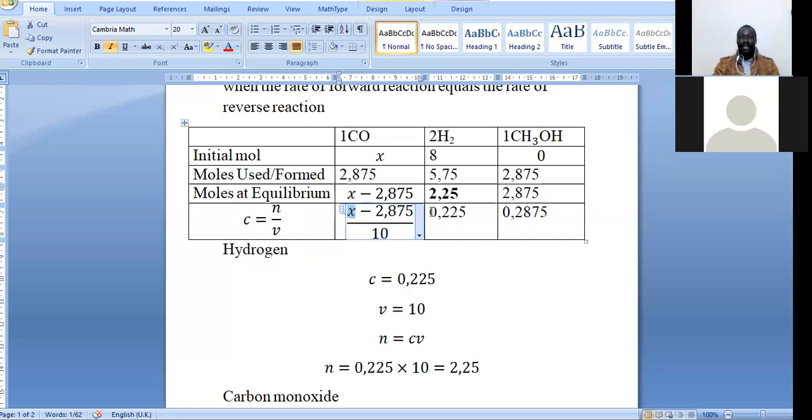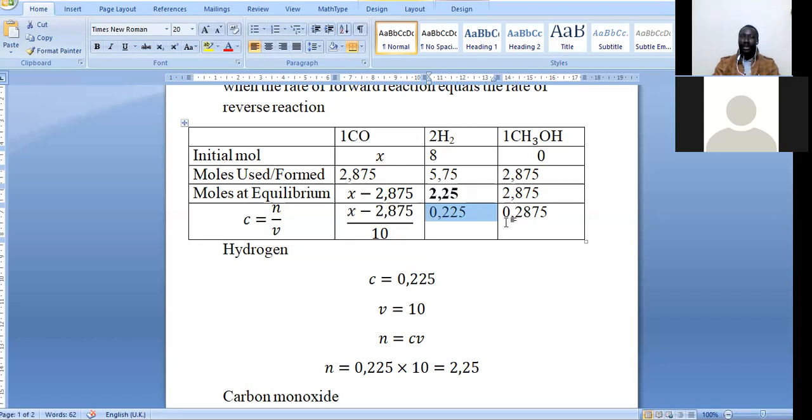The other thing here is this. The concentration of hydrogen is going to be the number of moles of hydrogen, which is 2.25, then we divide it by 10. They are in the same container, so the volume does not change. It's also 10. If we divide 2.25 by 10, we get 0.225.